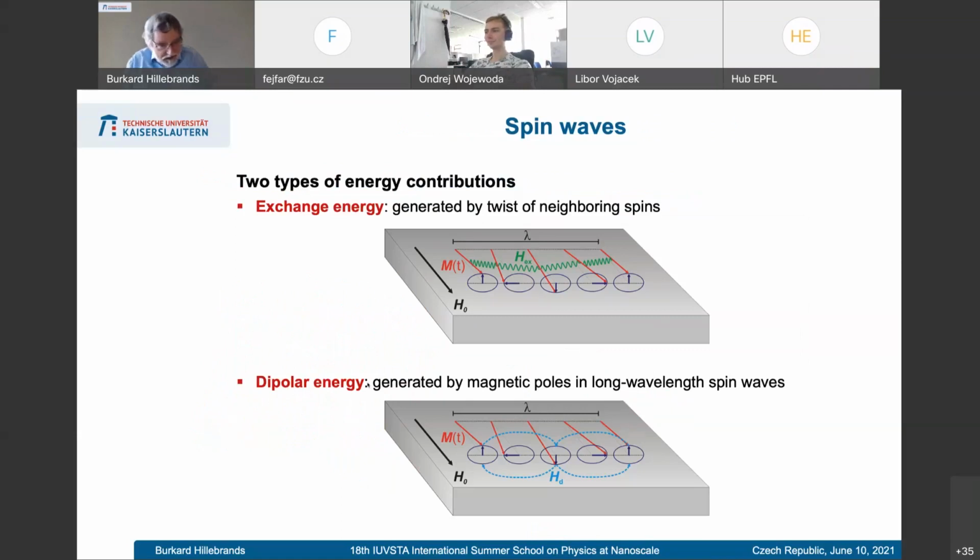First of all, spin wave physics or Magnum physics or magnonics, depends how you would like to call it, has two interactions acting. One is the exchange interaction, which is always generated if you have neighboring spins or moments which are twisted against each other. That causes exchange energy. And then you have the dipolar energy because you have magnetic poles, and magnetic poles have a long range interaction, dipole-dipole interaction, like you learn it in the second class when you study electromagnetic properties.